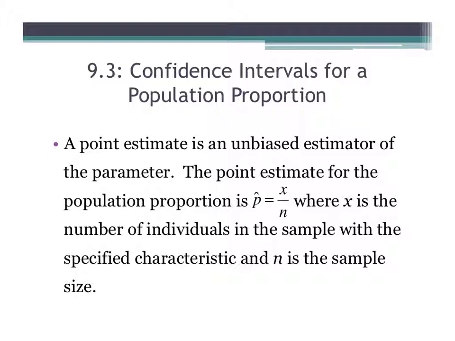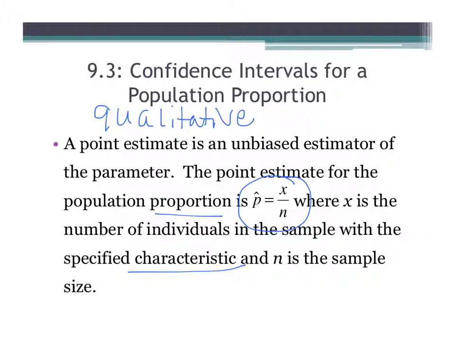The final section of Chapter 9 is Section 9.3, which is all about the confidence interval of a proportion. Now, this is essentially the test that you would use if you were working with qualitative variables, where you can't actually plug the numbers in and get a mean or a standard deviation. Instead, you're using what we talked about in Chapter 8, a point estimate, to look at proportion of individuals with a characteristic.